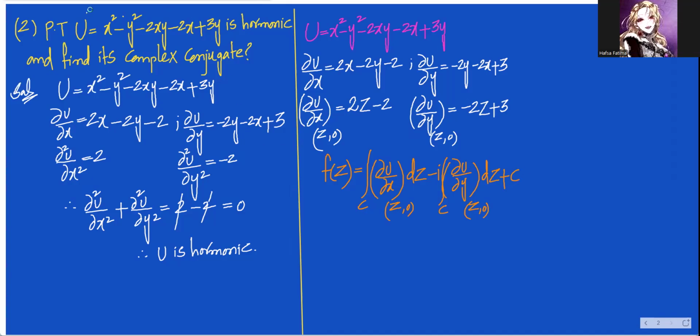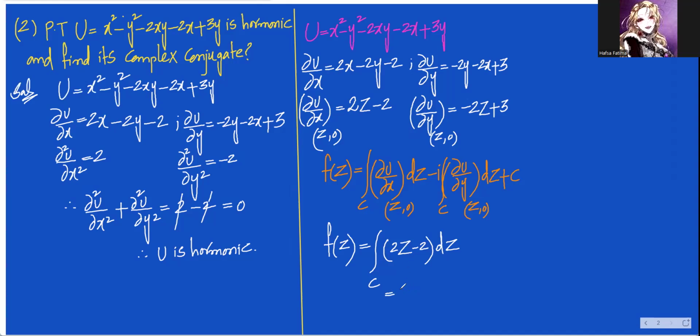So now plug in again. f of z is equal to, with respect to x, integral over c of 2z minus 2 dz. What's your answer here?